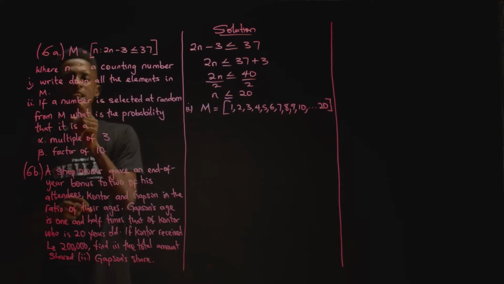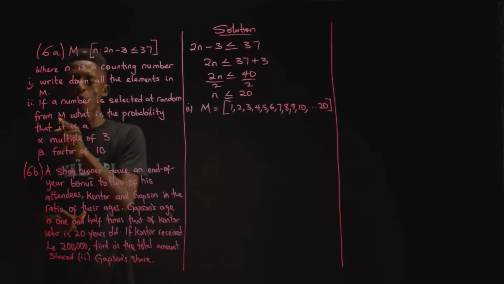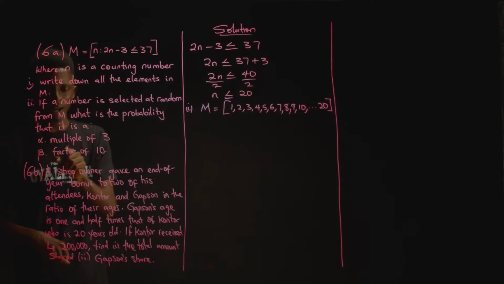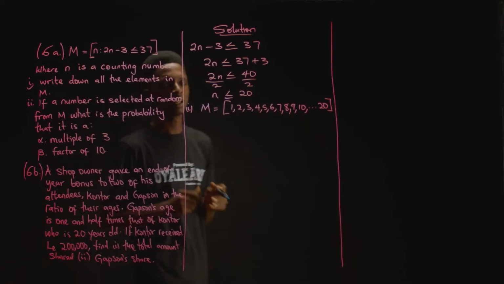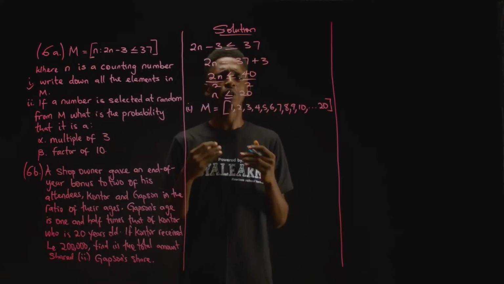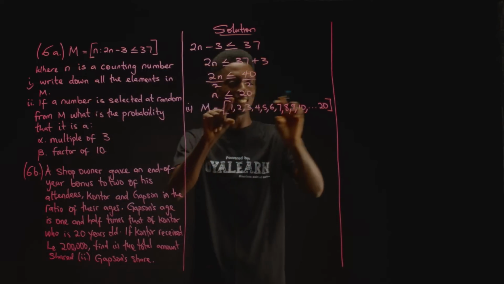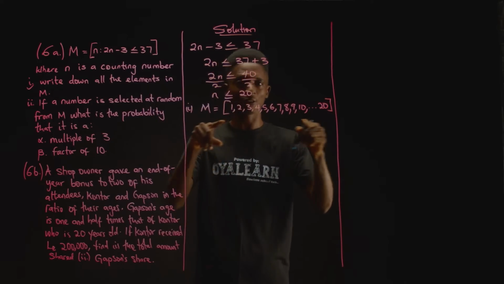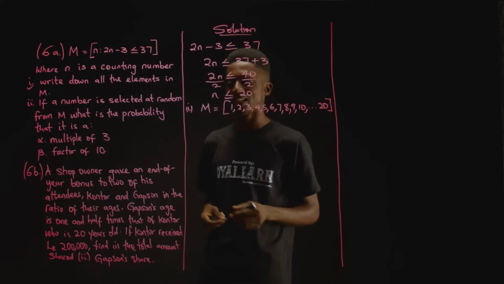Now we have solved this first part. Now we progress to the next one. We are told that if a number is selected at random from M, what is the probability that it is, alpha, a multiple of 3? Let us list out all the multiples of 3 that fall within this range. Remember, any multiple of 3 that is above 20 will not be found in this element selected here.